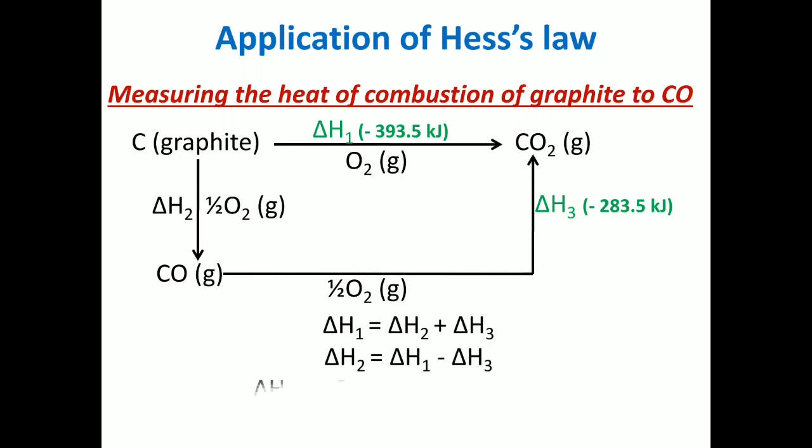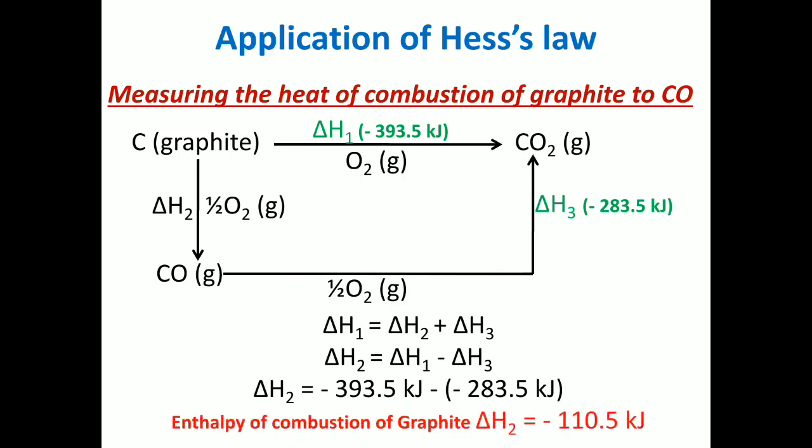If we substitute the values of del H1 and del H3, we get the del H2 value, that is enthalpy of combustion of graphite to CO is minus 110.5 kilojoule. So using Hess's law, we can calculate the enthalpies of reaction that are very difficult to measure.